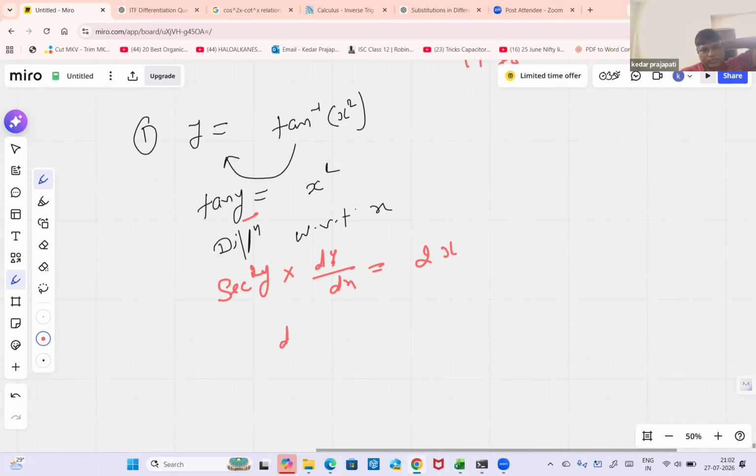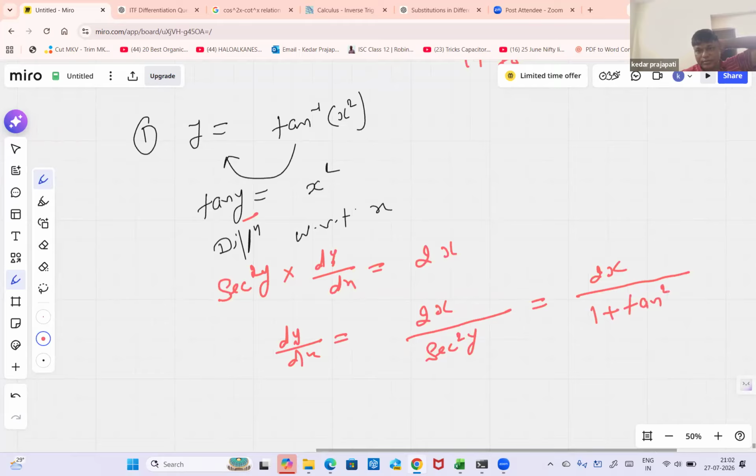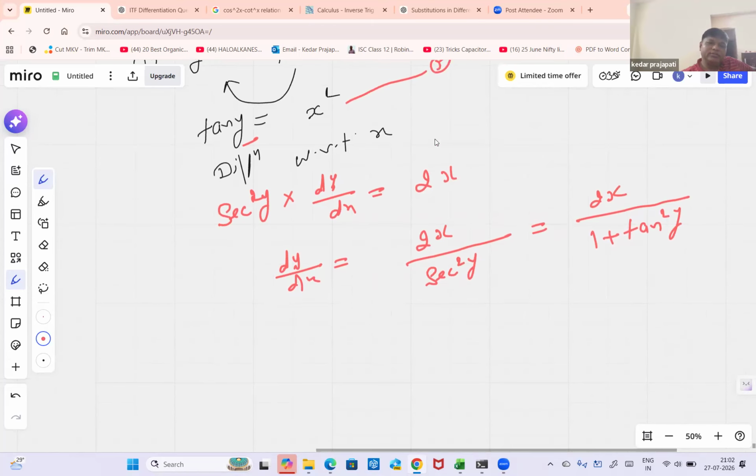So now dy by dx will become 2x by secant square y. Secant square y is how much? These formulas you have to remember. 1 plus tan square y. Now tan y is x square. Just substitute this value here.